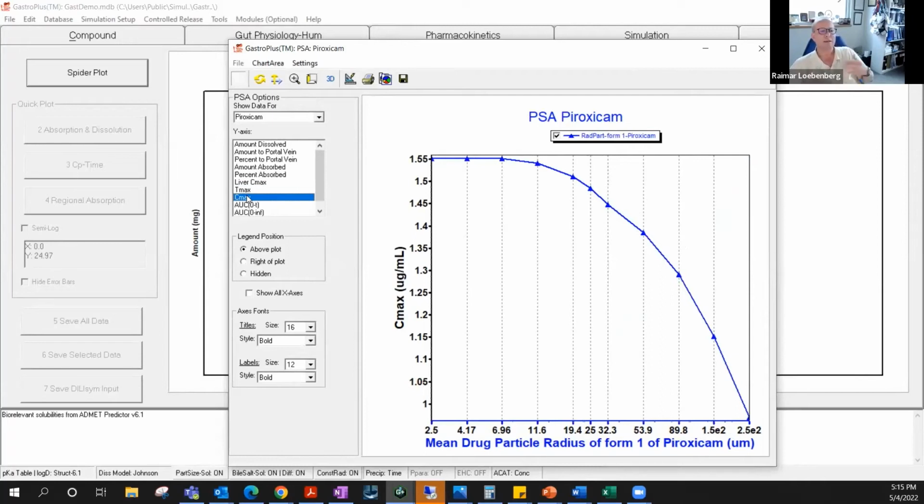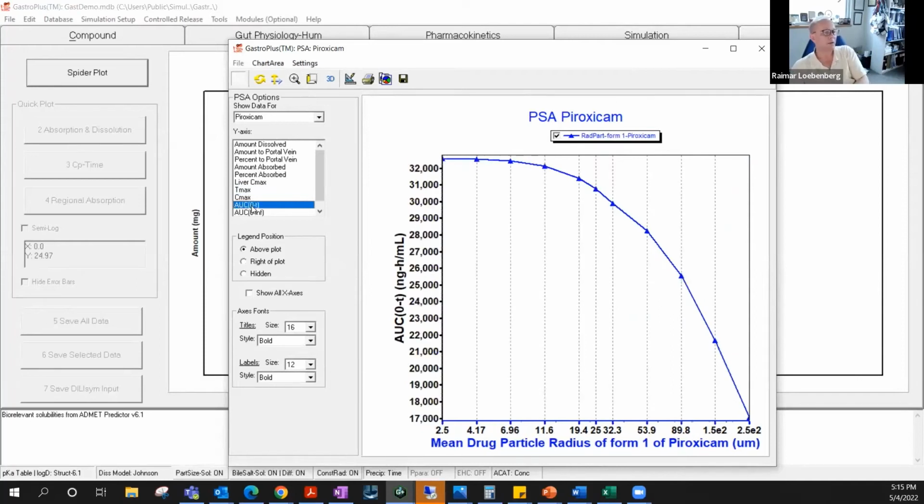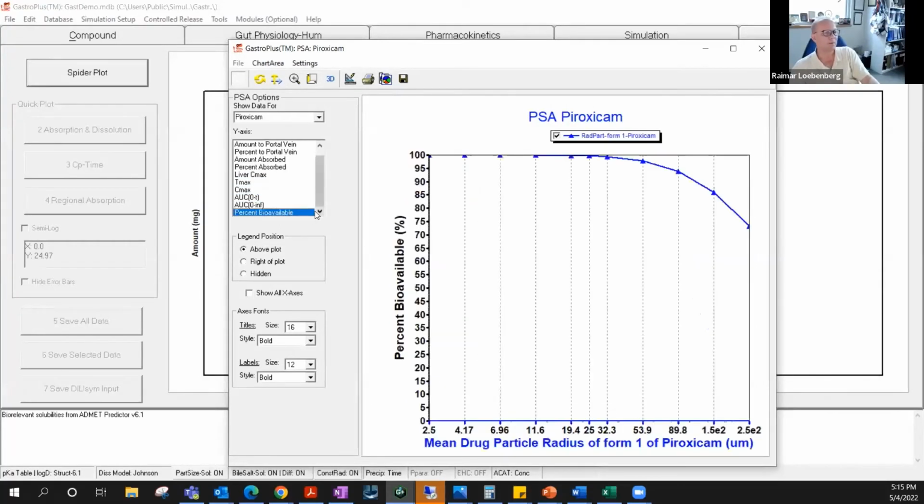So we would have a significant impact that particle size could have on our Tmax, on our Cmax, and probably also on our AUC. And when we go a little bit deeper, then we look at bioavailability, percent bioavailable.